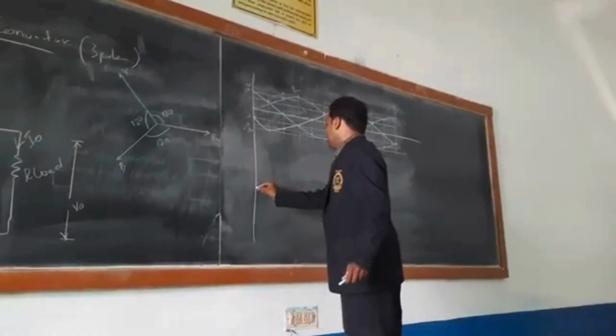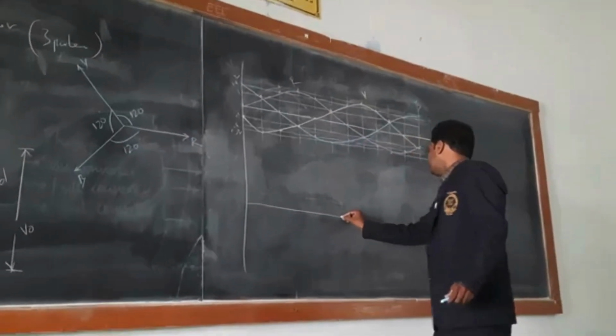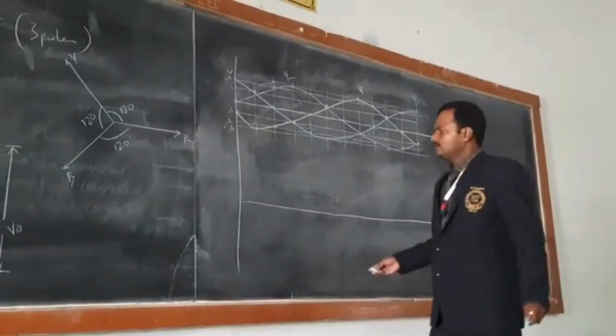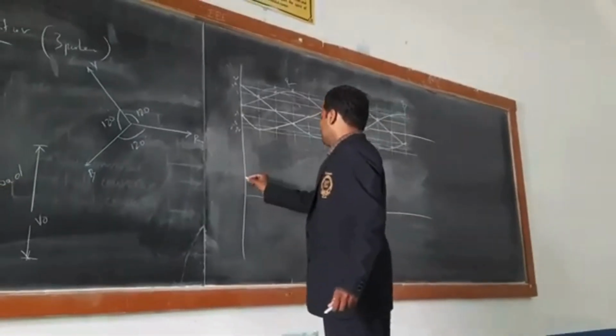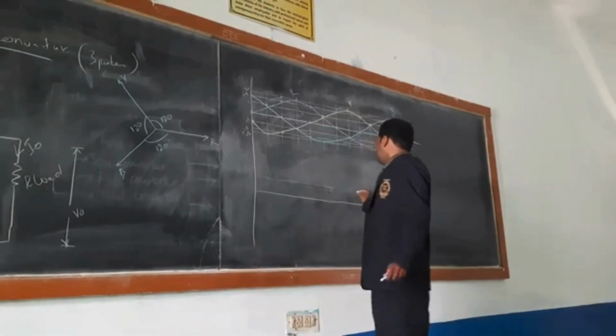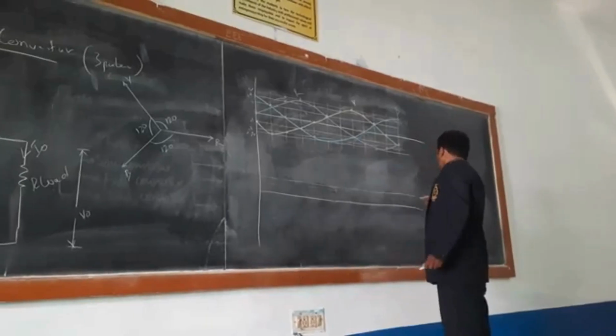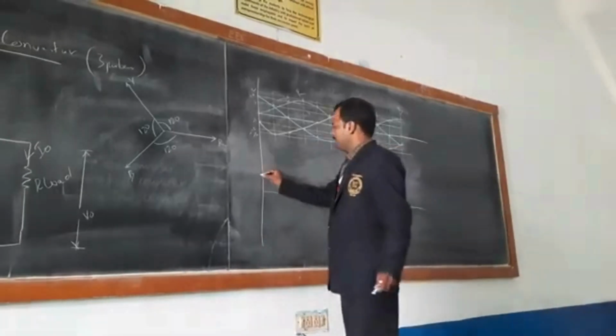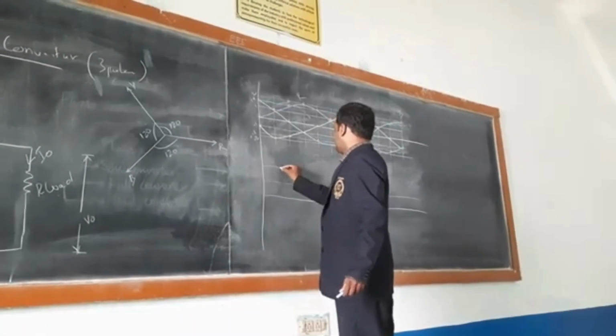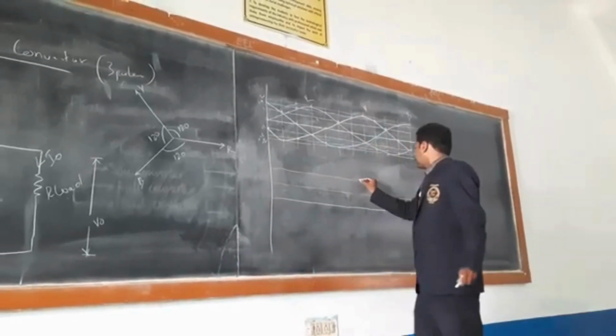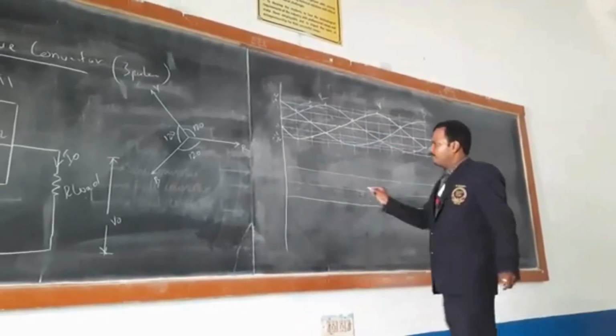For drawing the output voltage, we need to draw the supply waveform. Again, same thing. Take the reference axis, that is x. Above the reference axis, we need to draw three lines: one at 1 centimeter, another at 2 centimeter, and 1.8.